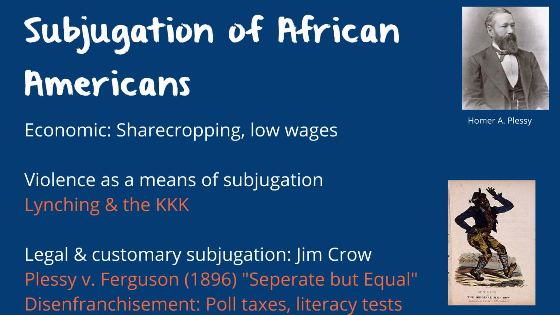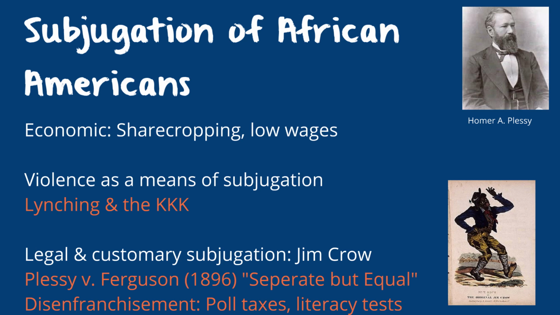segregationist laws. The violence is going to increase as a result of it. We're going to see lynchings as well. But it doesn't end there, because of disenfranchisement. Taking away their voting rights through poll taxes and literacy tests is just another way that the subjugation of African Americans is going to continue.